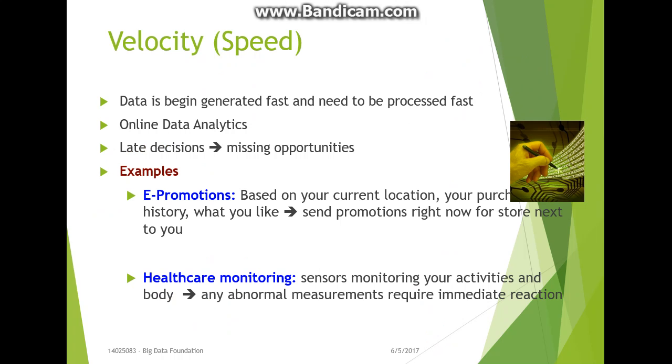Based on your current location and purchase history, what you like, the system can send a promotion right now for the store next to you. I think you have already seen this many times on Facebook: when you search for something, the next time you come back, some suggested pages will show on your wall.